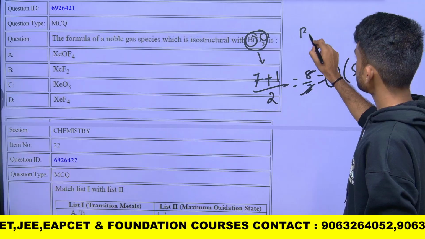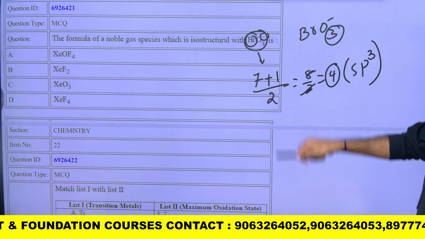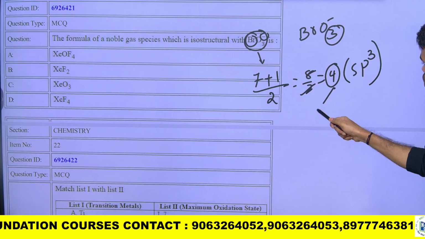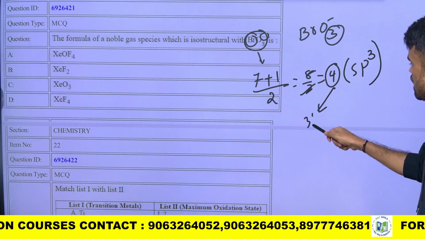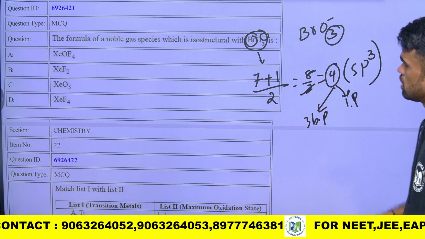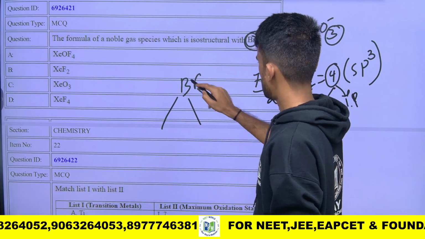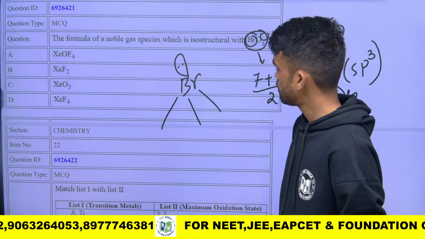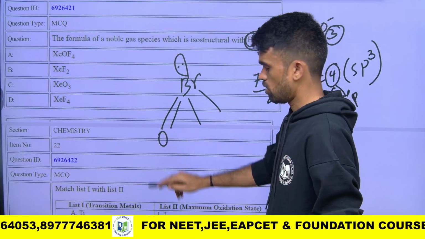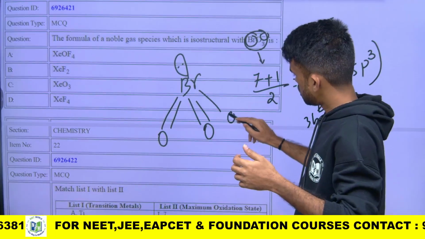Okay, BrO3 minus. So how many surrounding atoms are there? 3. So out of these 4, 3 are bond pairs, and 1 is lone pair. So from this I can write bromine in the middle. Here I am putting 1 pair of lone pair electrons, and here I am writing like this.